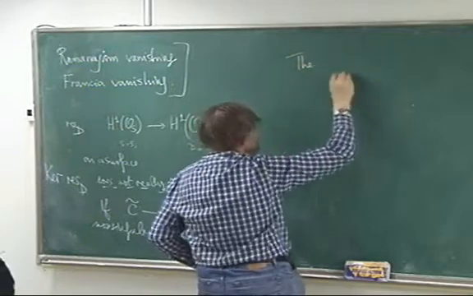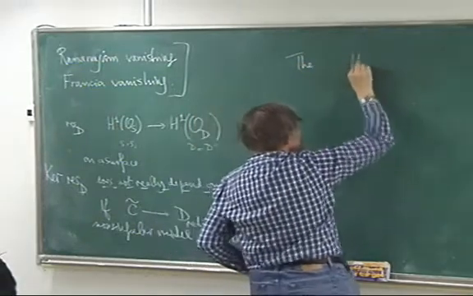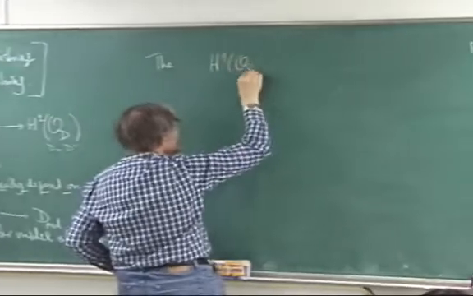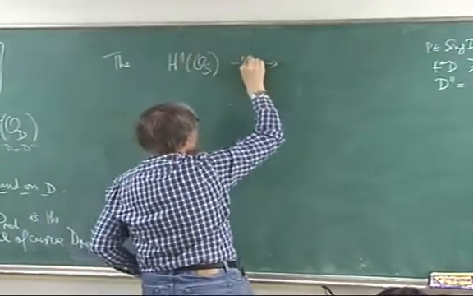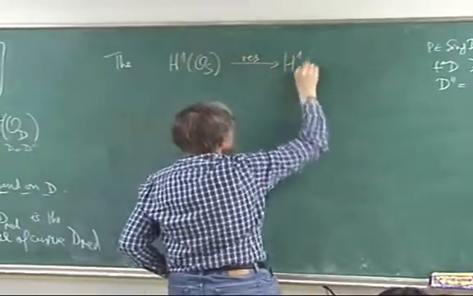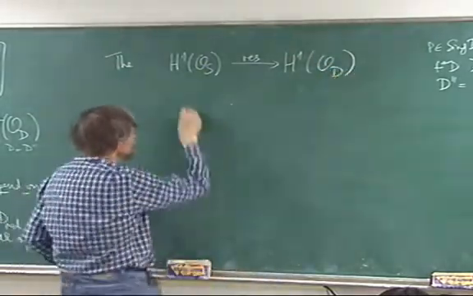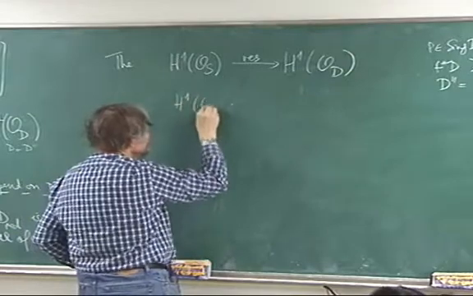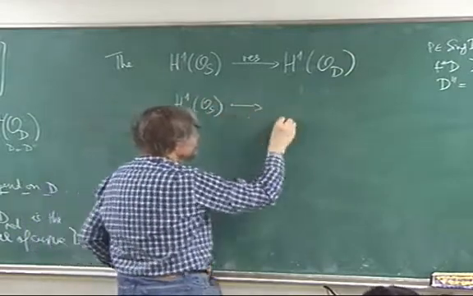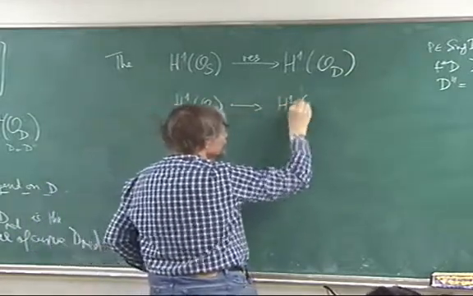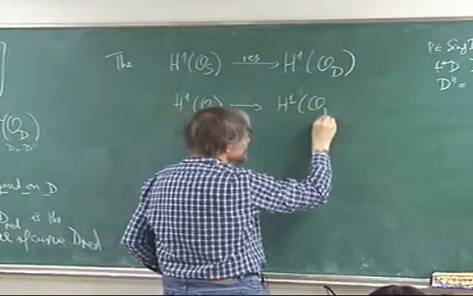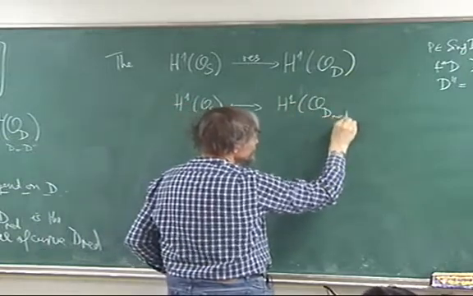I can do two different maps. I can do the restriction map H1 O_S restricts to H1 O_D, and I can also do H1 O_S restricts to H1 of O_D reduced.